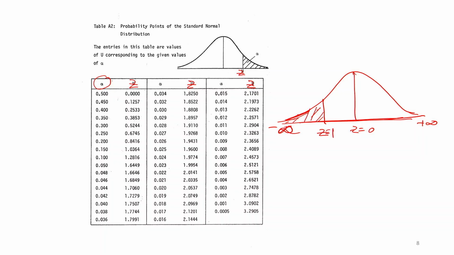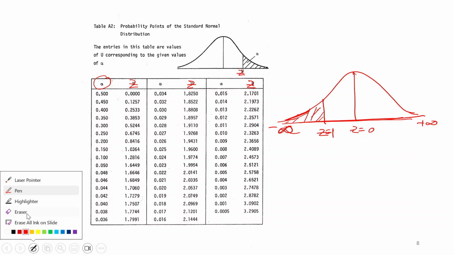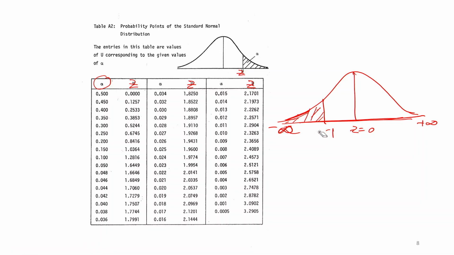So -infinity to Z equal to 1. What is the area? That area has been given. So for different values of Z, Z will be -1 this side. It cannot be, let me rewrite it.